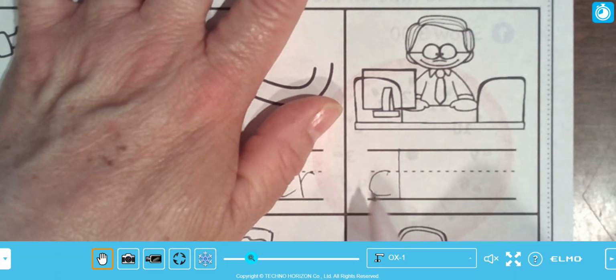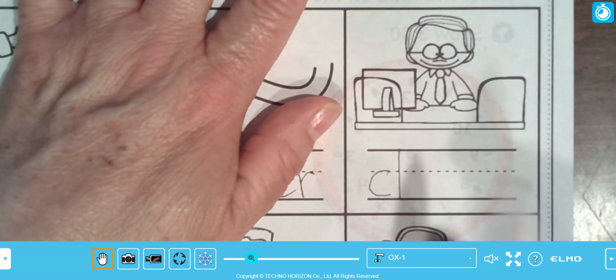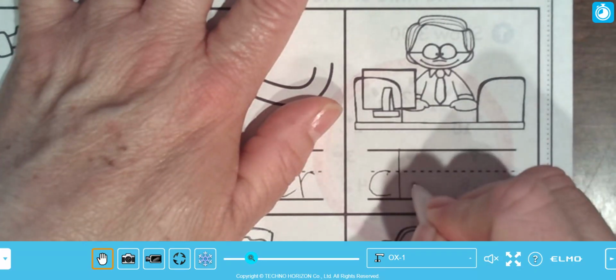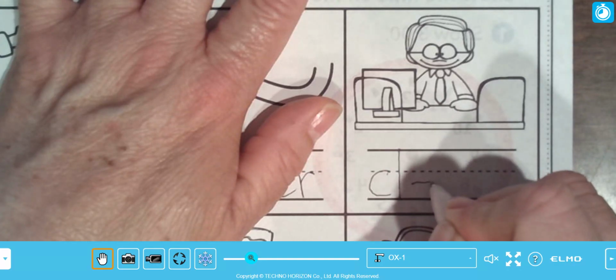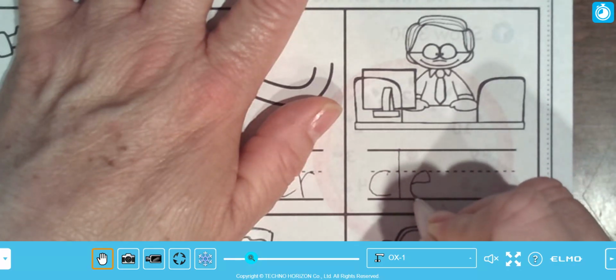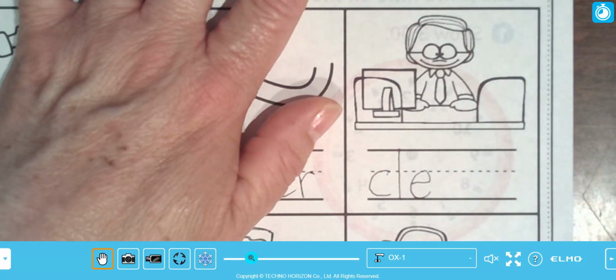Next is the k, l, and what makes the sound? Yeah, the ER. So we start here. We're going to go out and then up to the dashed line, down to the bottom line and turn.